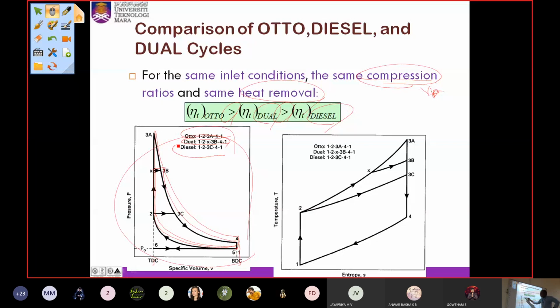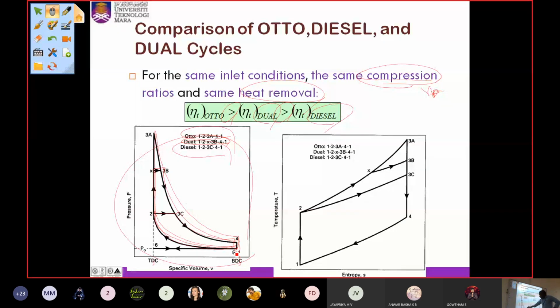Then for the diesel cycle, we have isentropic, then constant pressure, isentropic, constant volume. So this is the PV diagram for comparison of all three cycles with the same inlet condition, same compression ratio and same heat removal.